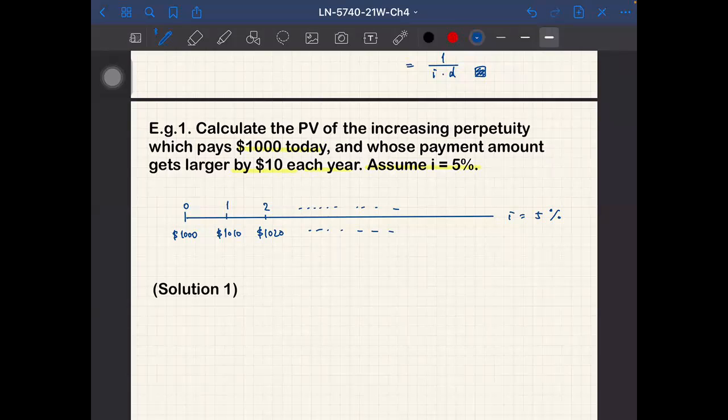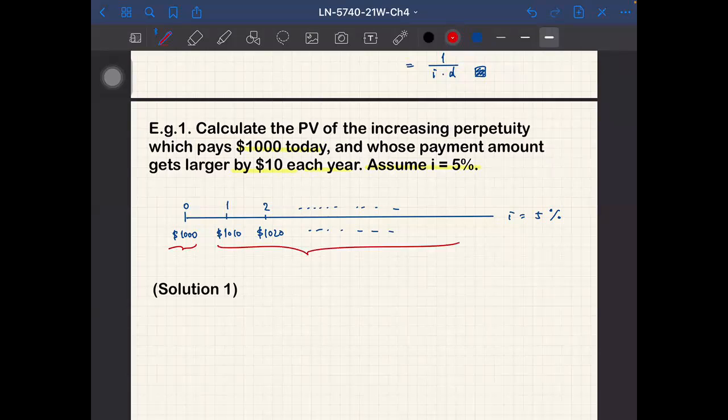The original formula for increasing perpetuities assumes the cash flow starts at time 1. So we separate the two cases. The first one is just the one payment of $1,000.